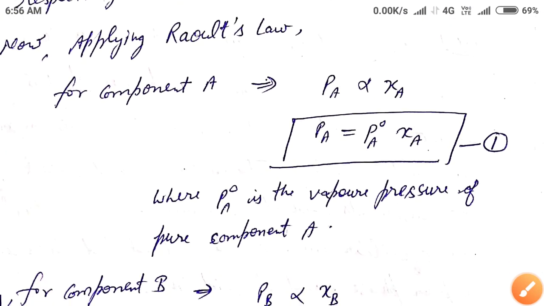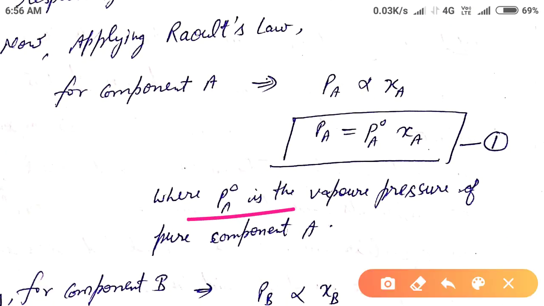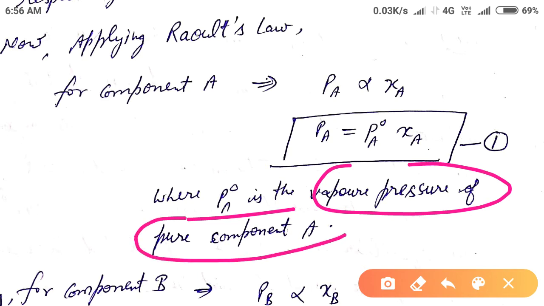Here P naught A is the vapor pressure of pure component A.